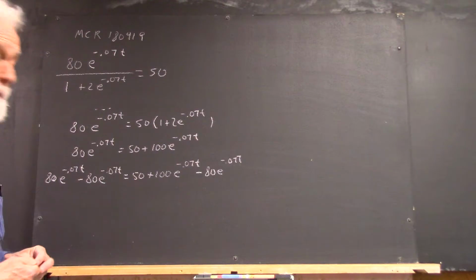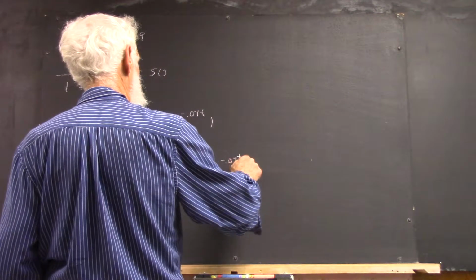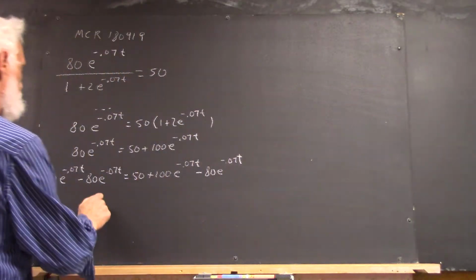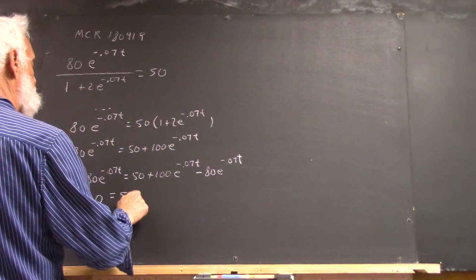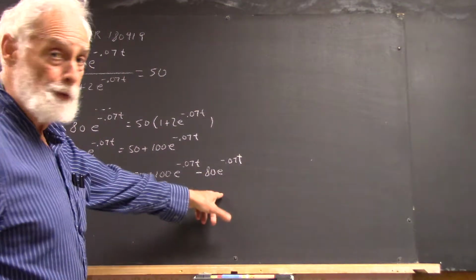Right? So on the left we get 0, on the right we get 50. Now what are we going to do about this?